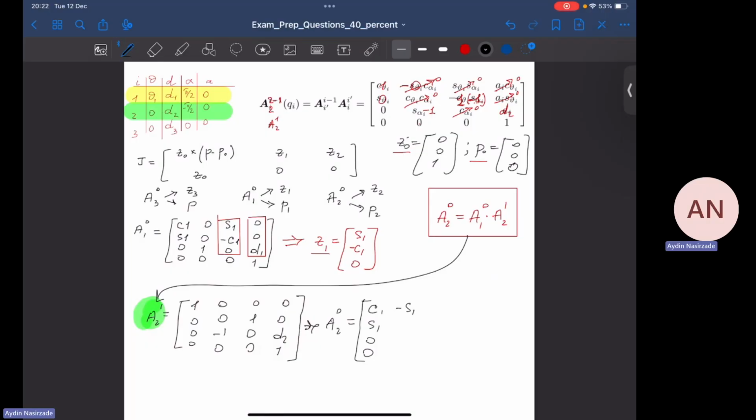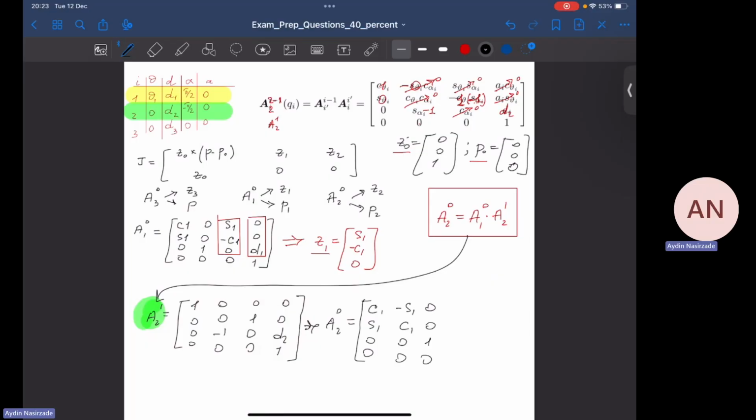Then 0, 0, cosine of theta 1, and 0, 0, 0, 0, 0, and 0, 0, 0, 0 here. What else? Okay. 0, 0, 0, 0, 0, 0, 0, 0, 0, 0, 1, 0, 0. That's it.